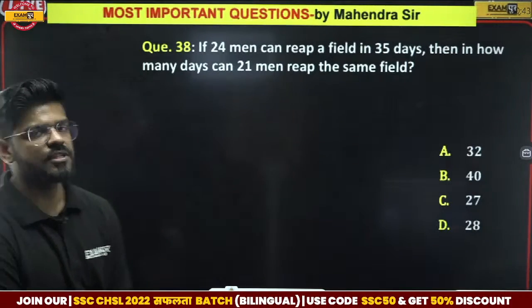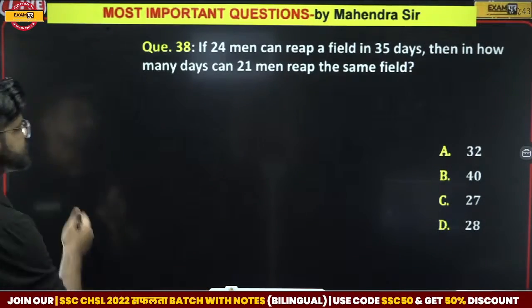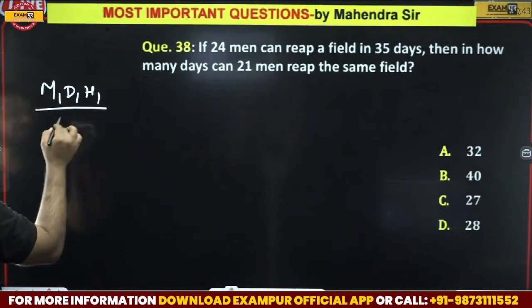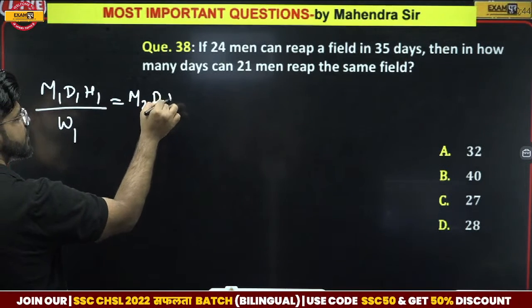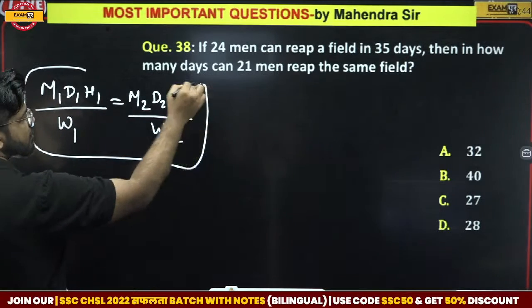Okay, tell me the answer for this question now. This is a simple question, and you know that formula. M1 D1 H1 over W1 is equal to M2 D2 H2 over W2. Now this is the main formula.